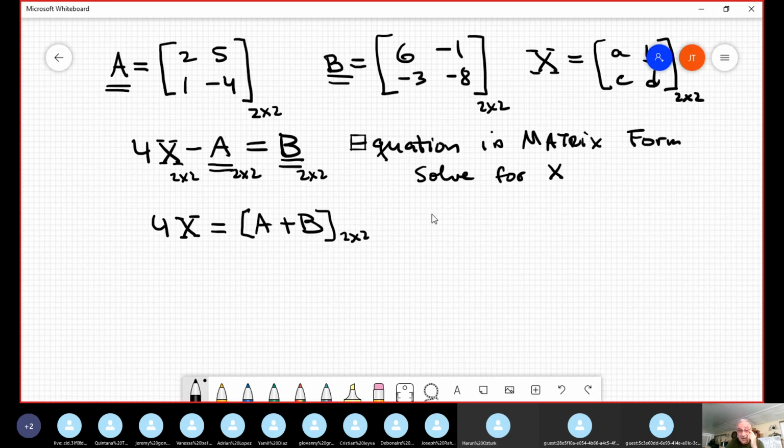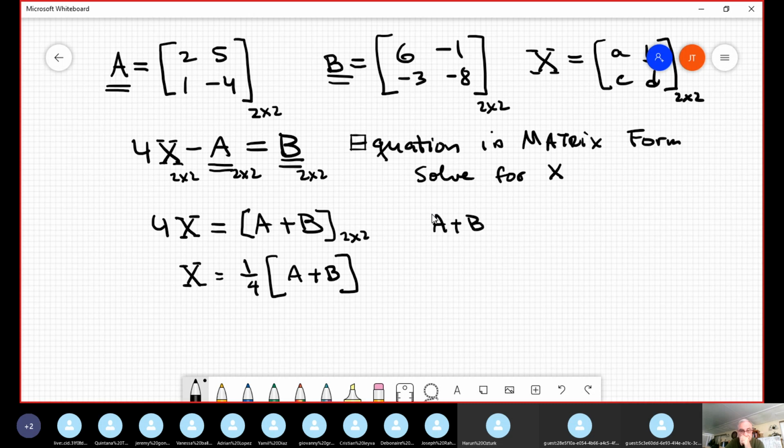And finally, 4 is a scalar. You divide by 4, so X is isolated. X is 1 over 4, a scalar, times A plus B. Okay? Let's do it step by step.